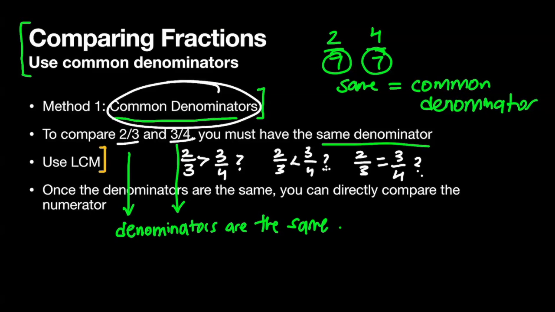The way that we find common denominators is by using the least common multiple, LCM. Remember, this is what we learned a couple of classes ago. Once we have the common denominator, we can just compare the numerators and we'll see which fraction is bigger or which one is smaller. Does everyone understand this concept now? Good.